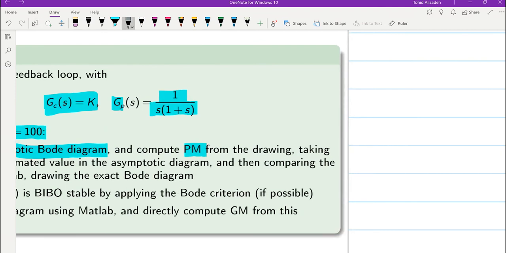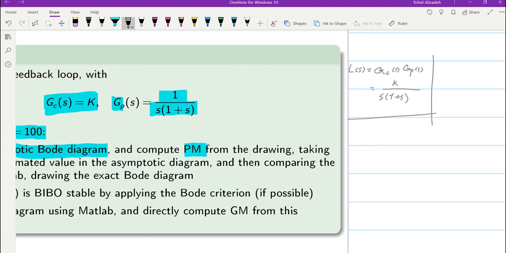Okay, so we can say that we have L(s) as GC times GP(s), and this will give us K over s times (1 plus s).